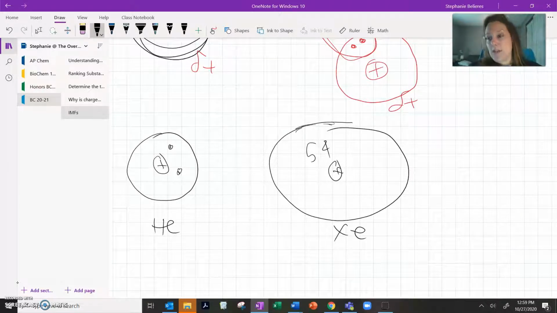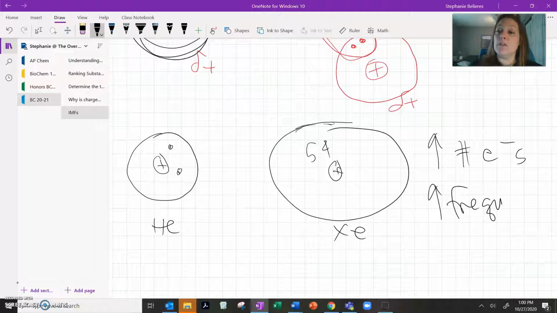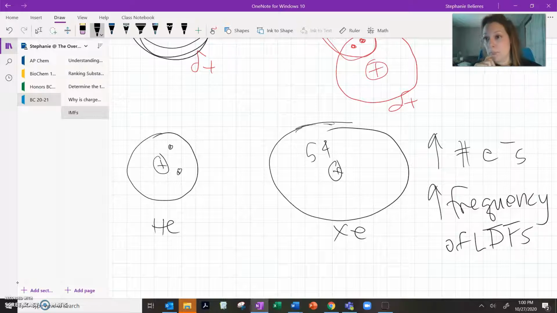So the frequency at which an atom of xenon would have attractive forces with another atom of xenon is higher. So if I increase the number of electrons, I increase the frequency of LDFs. Hopefully that part makes sense.